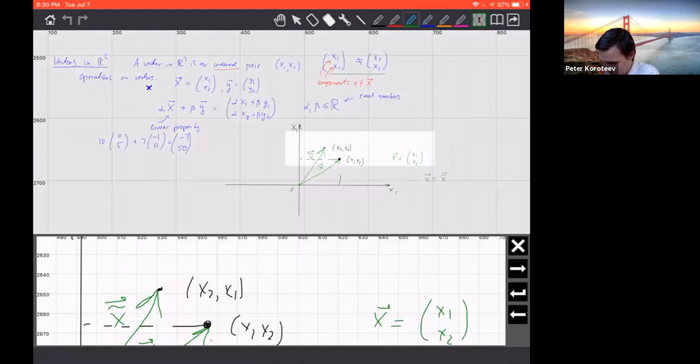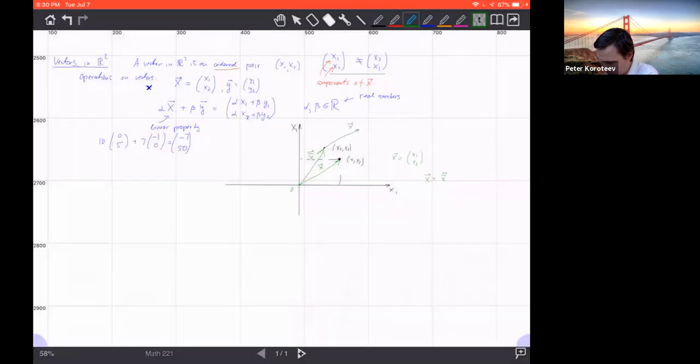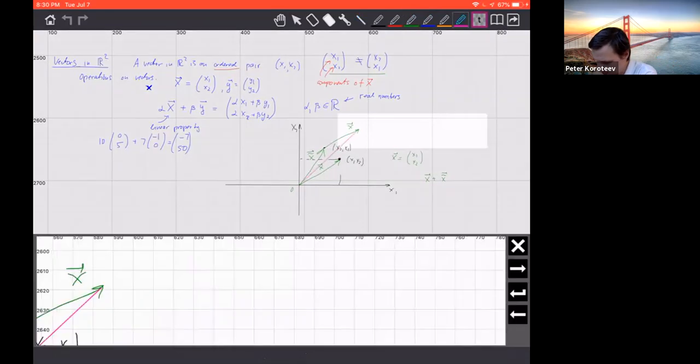So we put x here, and then we need to connect it diagonally like that. Sorry, let me make a better picture.